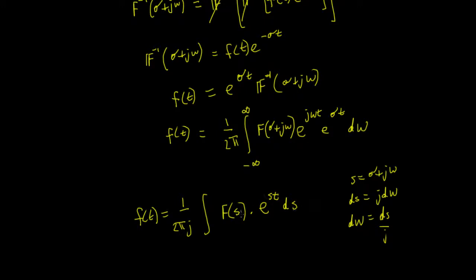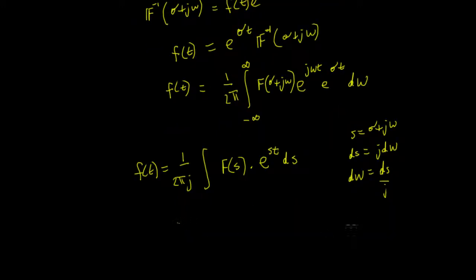Now the limits of integration. The original limits were omega greater than minus infinity and less than infinity, but now we're no longer dealing with omega, it's sigma plus j omega. So that gets replaced, and it's going to be greater than sigma minus j infinity and less than sigma plus j infinity.